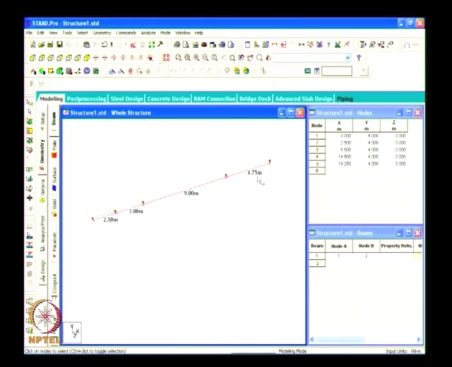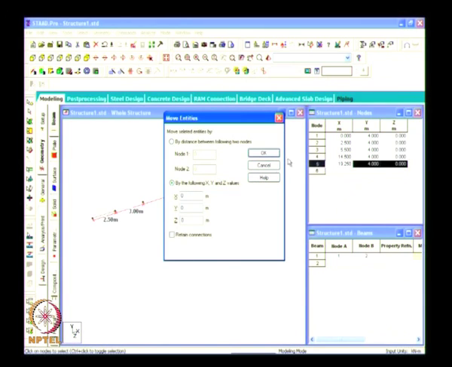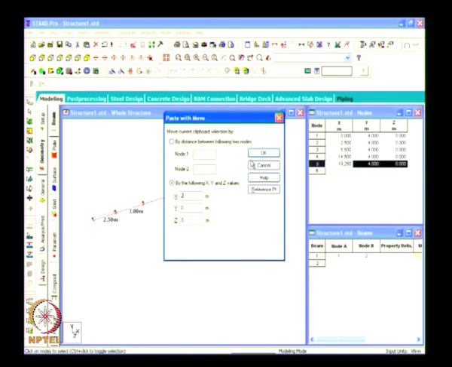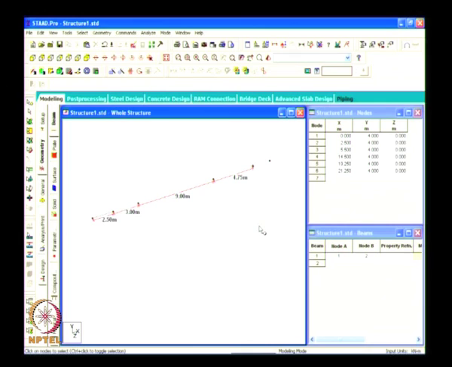One more 2 meter here. Right. Connected.